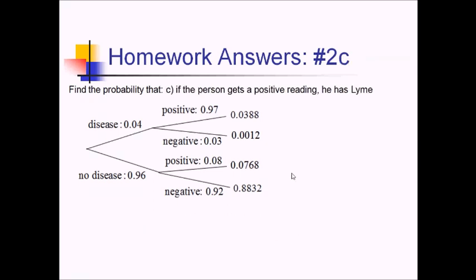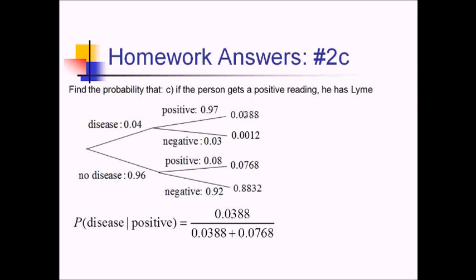For part C, we want the probability that if a person gets a positive reading, he has Lyme. So this is basically asking for the probability of Lyme given positive reading. So we need to take the probability that you got a positive reading and got Lyme disease and divide it by just the probability that you got a positive reading. So positive and disease, that was 0.0388, and we're dividing that by all the positive leaves.